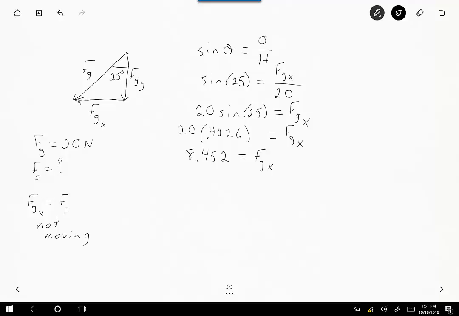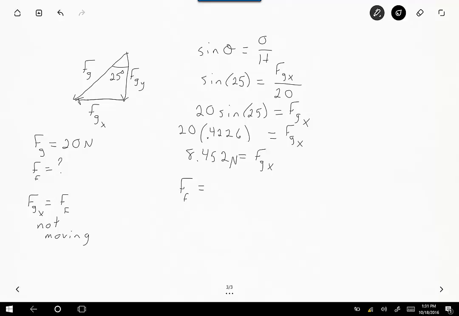Because it is a force, and because our gravitational force to begin with was in newtons, this is also in newtons. So if Fgx is 8.452 newtons, then the force of friction, which is equal to that, is also 8.452. Now, what do we do in terms of rounding here?